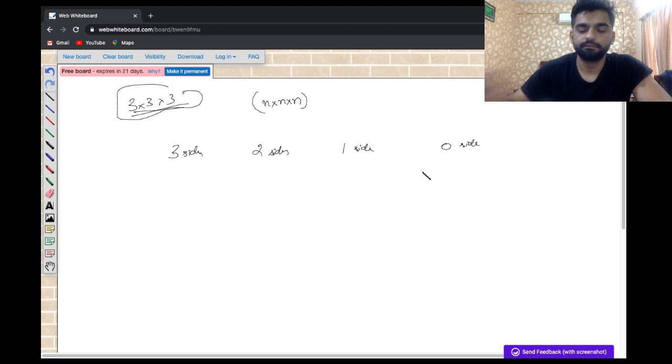The formula here is going to be, for 3 sides painted, it is always going to be 8 blocks.